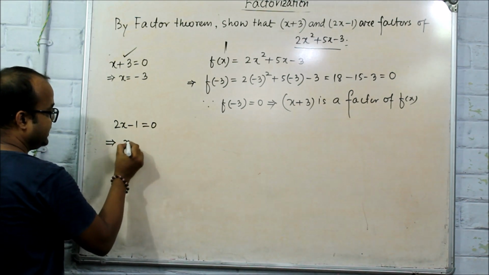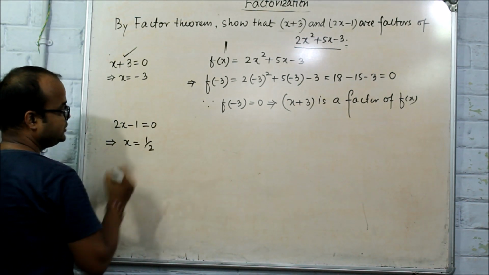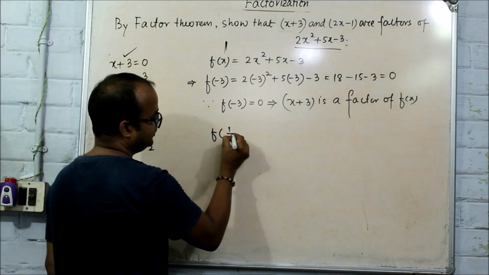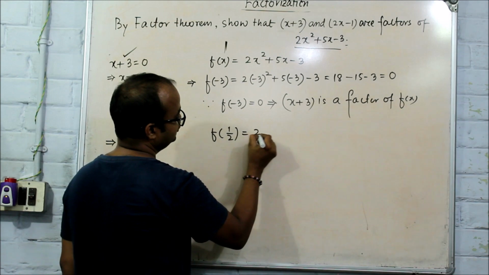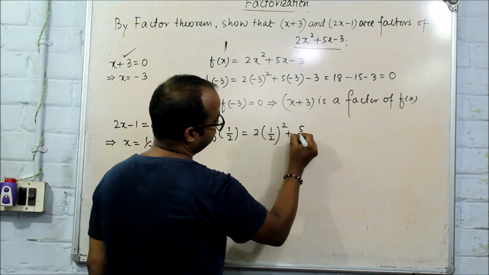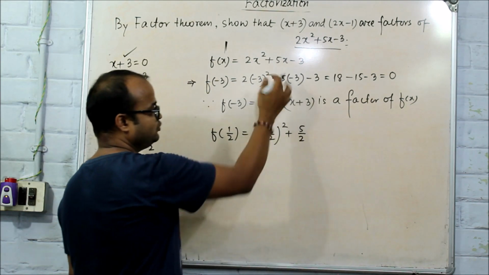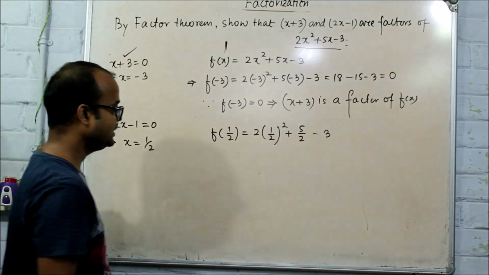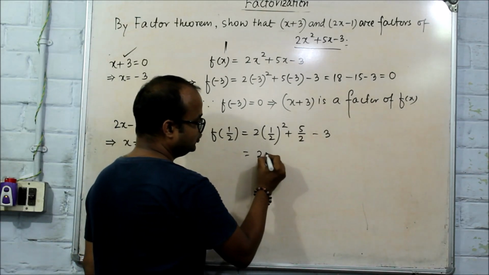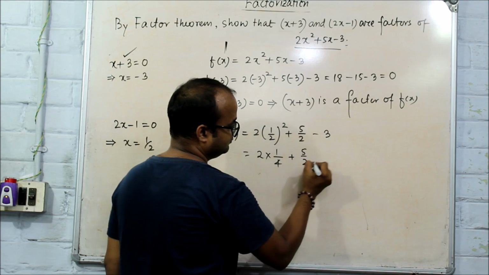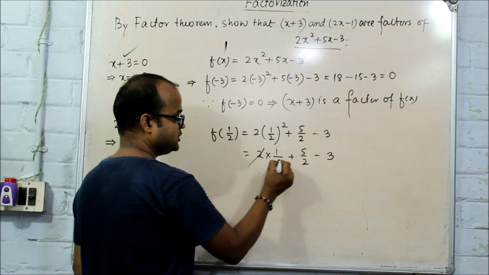It implies x is equal to 1 by 2. Substitute. So f(1 by 2) is equal to 2 into (1 by 2) square plus 5 into 1 by 2 minus 3. So this is equal to 2 into 1 by 4 plus 5 by 2 minus 3. 2 ones are 2, 2 twos are 4.